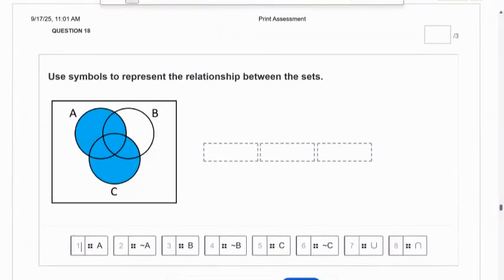Question 18 says, use symbols to represent the relationship between the sets.